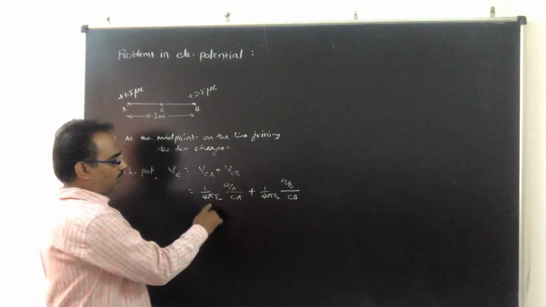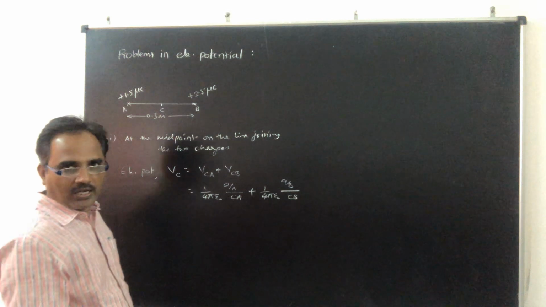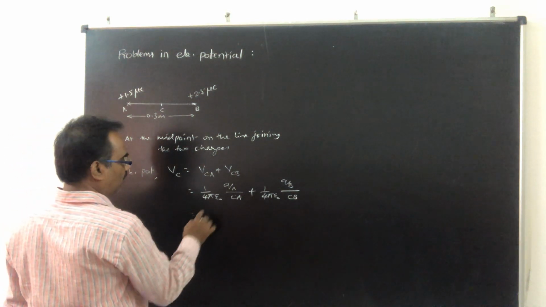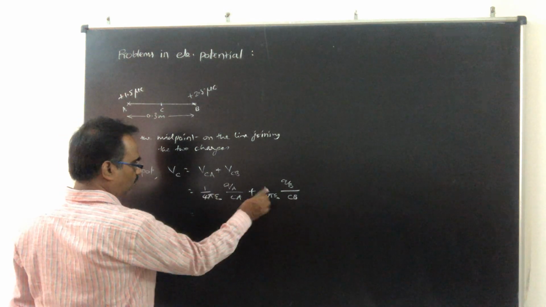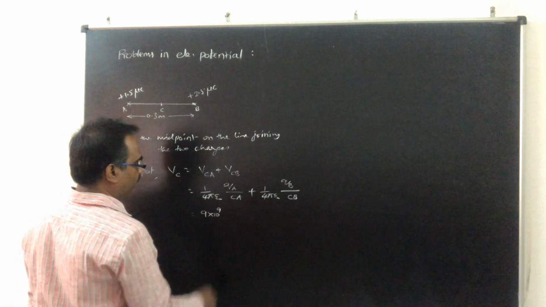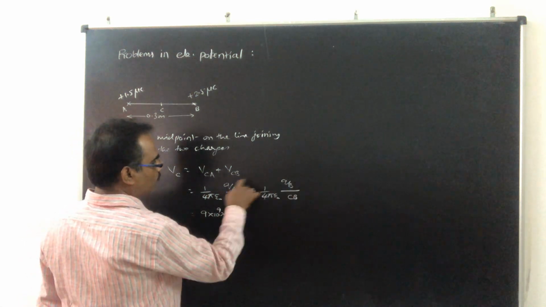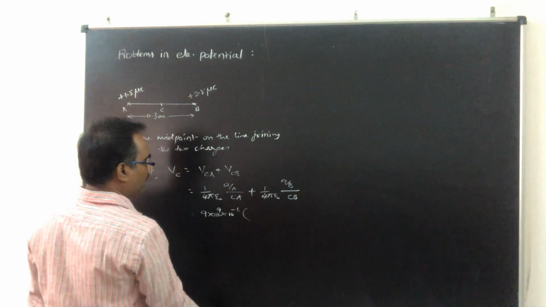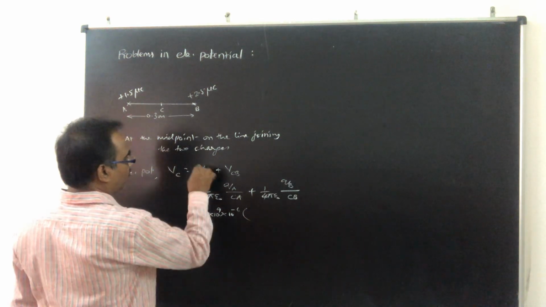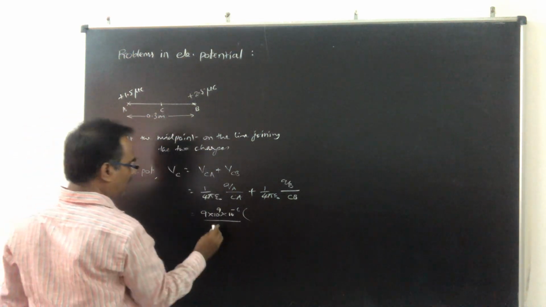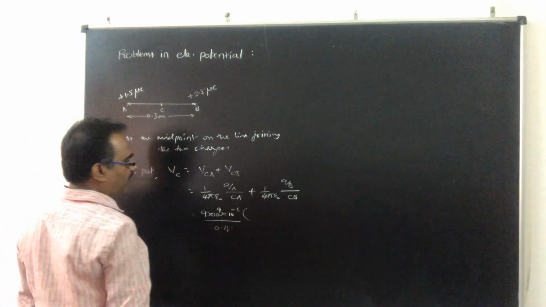You know this formula, electric potential at a point due to a point charge. So here you can take 1 by 4 pi epsilon naught, which is 9 into 10 to the power of 9, common. Both charges are microcoulomb charges, so 10 to the power of minus 6 is common. And this distance is also equal, A to C and C to B, that is 0.15.